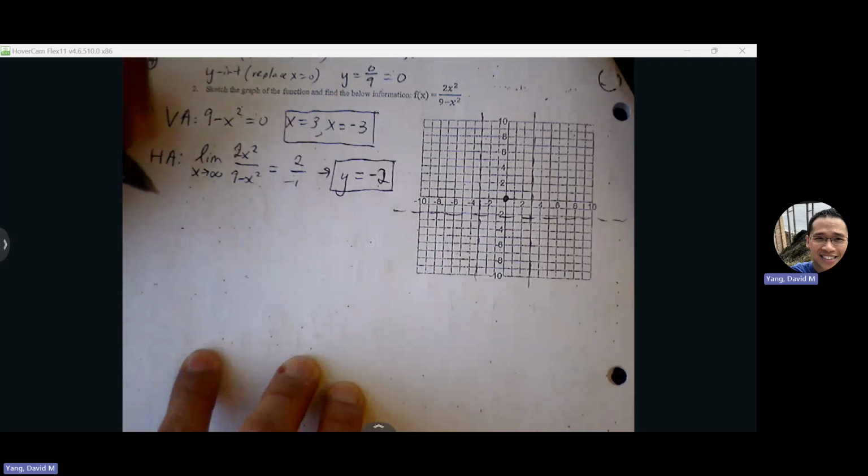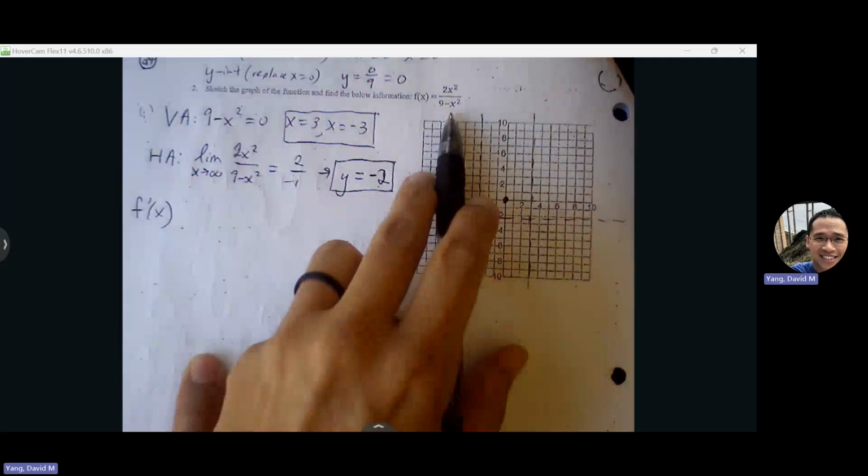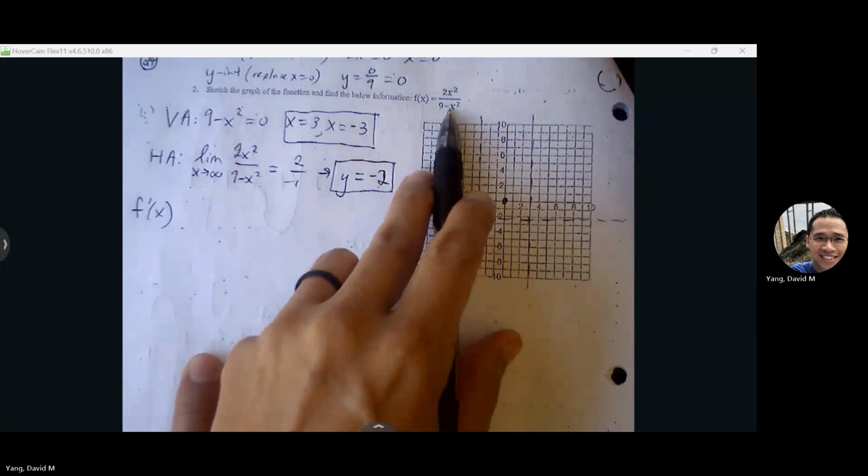Okay, so let's move to f prime. Now to find f prime, we have to go through what? Quotient rule, yeah.